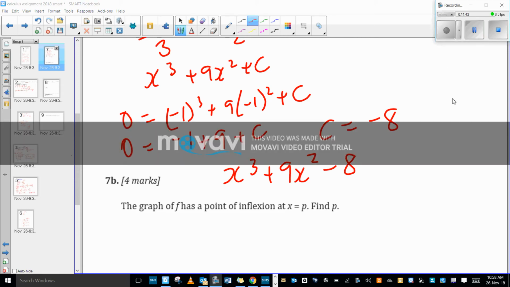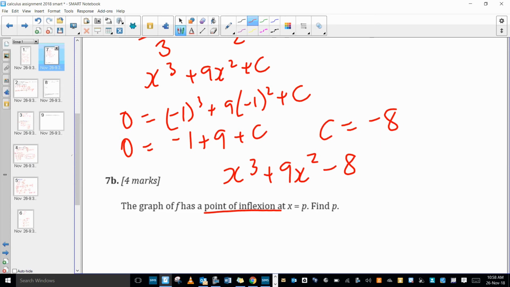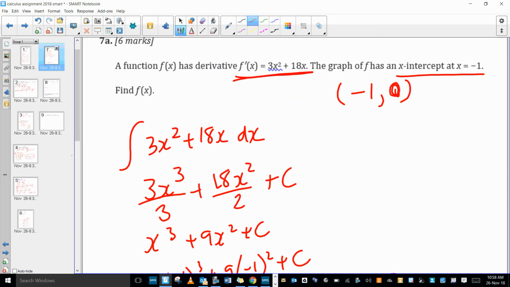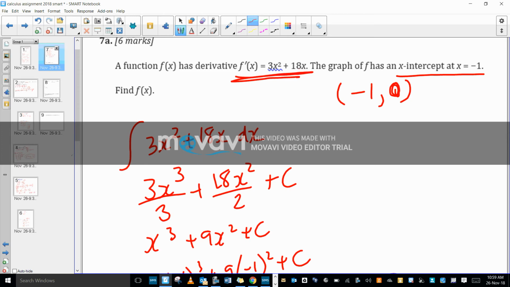Okay, the next one, the graph has a point of inflection at that. Find p. So we know that points of inflection occur when the second derivative is equal to 0. So we are going to find the second derivative. So that's the first derivative. So the second derivative is going to be 6x plus 18.